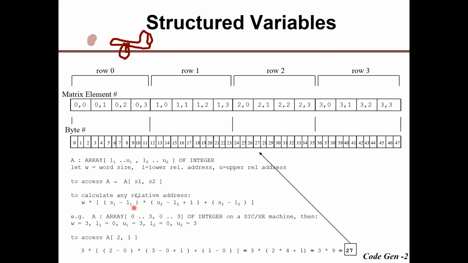So let's look and see what we're doing here. First thing we're doing is we're taking S1. Well, that's the location we want to get to. And we're going to subtract L1 from that. So if it was 0, then we're not going to be subtracting anything, right? It's just going to be whatever it is minus 0 is unchanged.